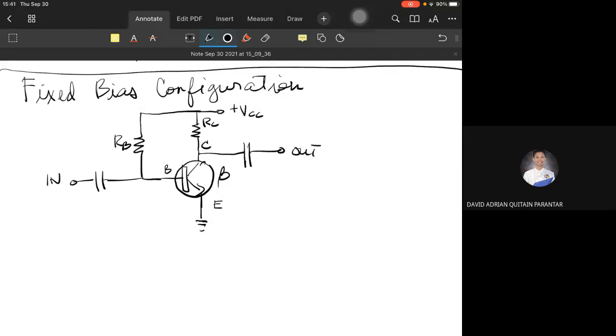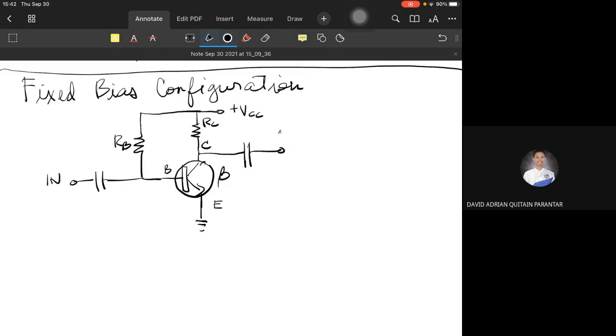Now, one characteristic of the capacitor is that it blocks DC signal. It isolates DC signal. The DC signal here is due to the voltage source.